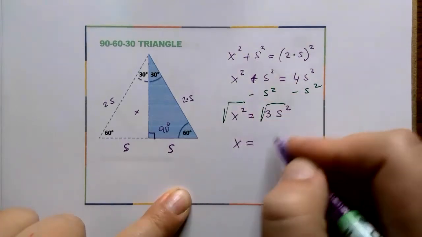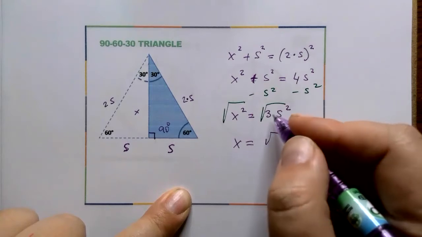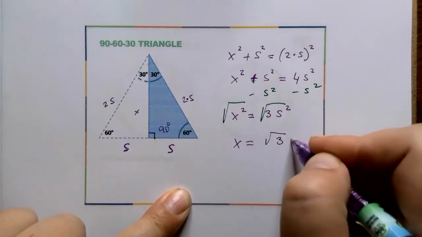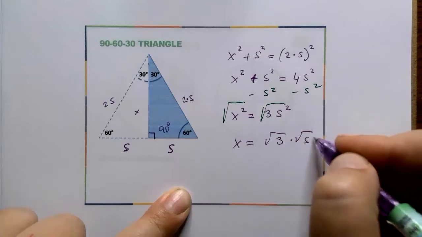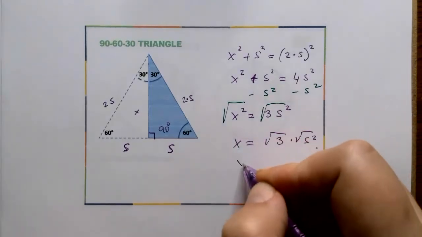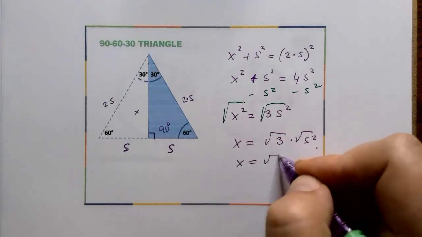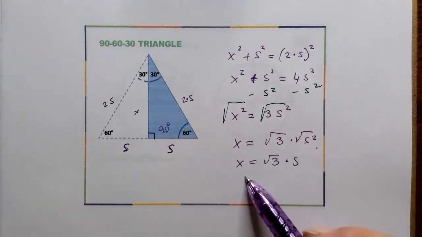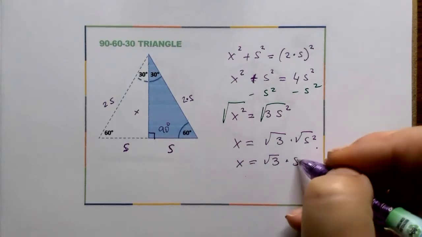So x is the square root of 3s squared. So I'm going to break them into separate square roots because the square root of s squared is s. I can perform this. So x is the square root of 3 times s.